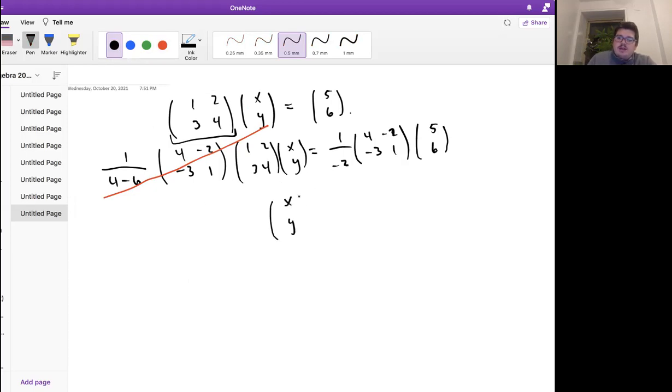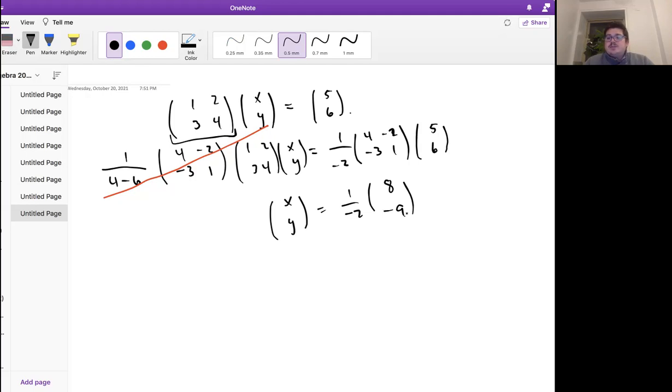Then I have [x; y] equal to whatever that is. Was that 8? -15 plus 6 is -9. Does that make sense? Everyone understand that?